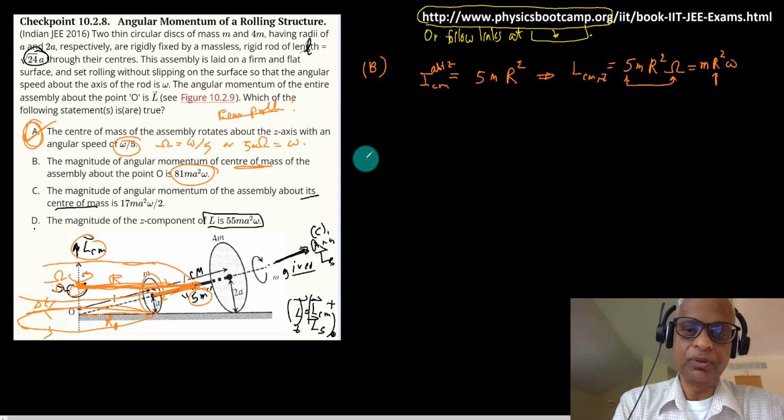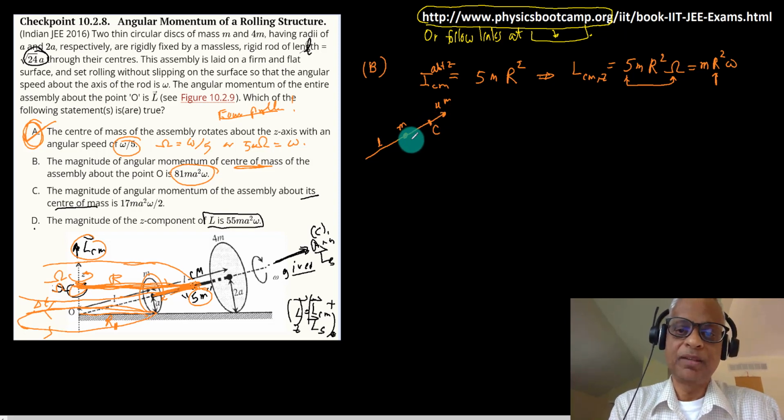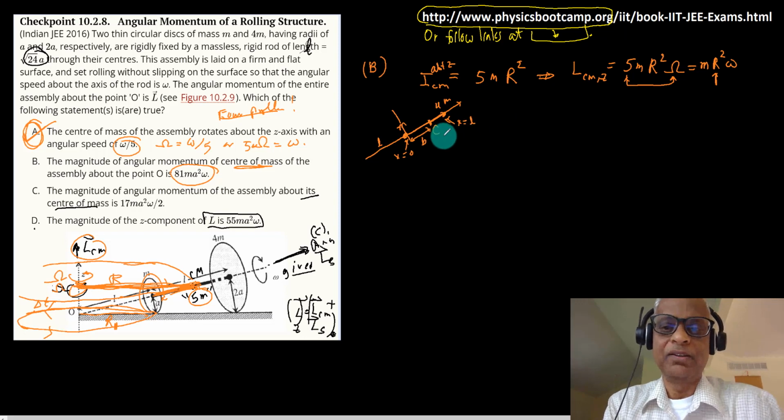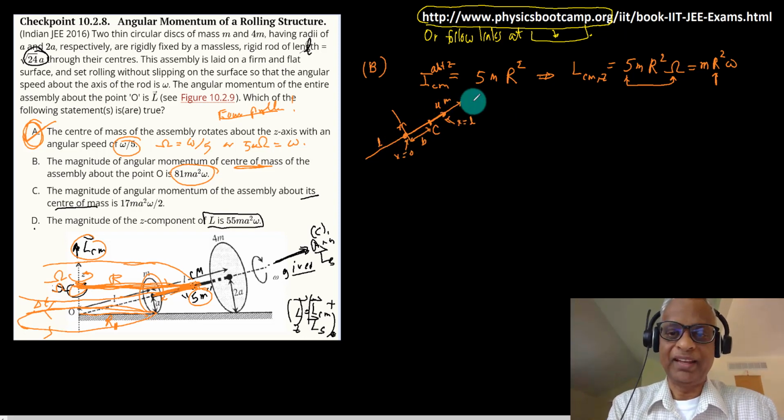So if you look in this direction, this is distance L, and these are masses m and 4m. So say this is where the center of mass is. If this is B, we can just take the sum with x equal to 0, then this will be x equal to L in a temporary axis here, just for this calculation, because the center of mass will be along this direction.